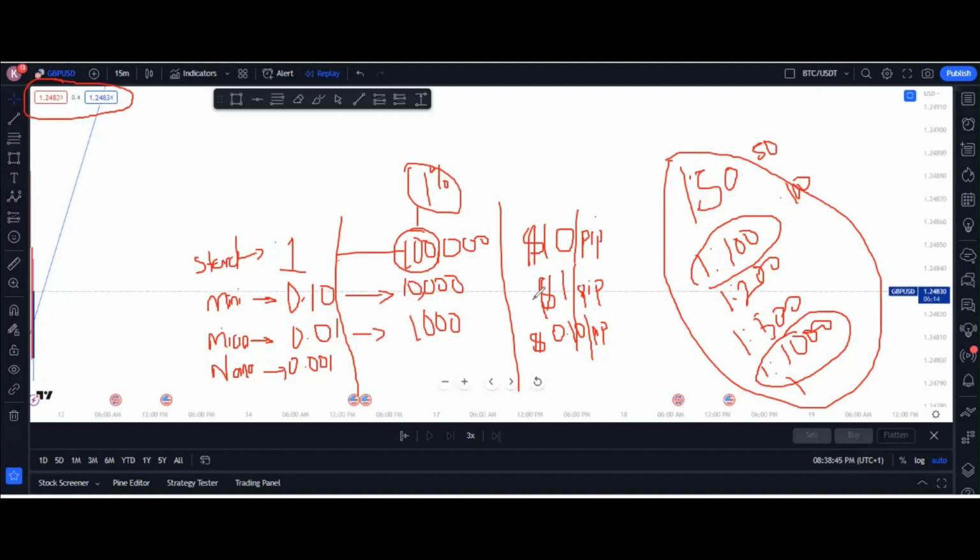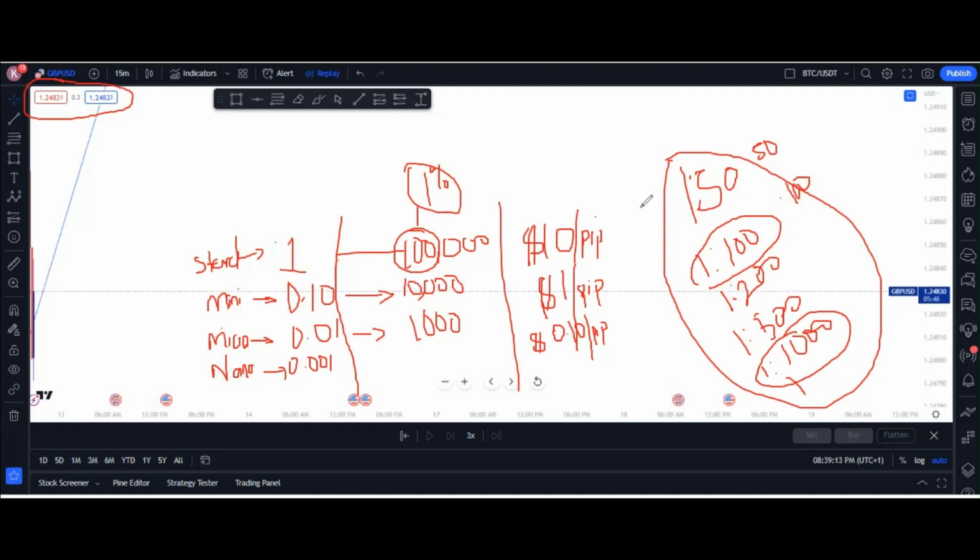So the free margin on your MT4 is the remaining balance on your account when margin has been deducted from your initial balance. That's what I just explained. Your margin will be deducted from your initial balance, and your free margin will be the available balance that you have in your account.